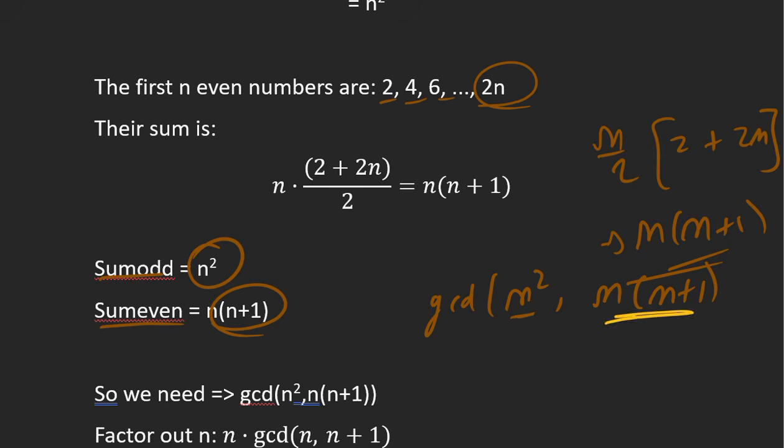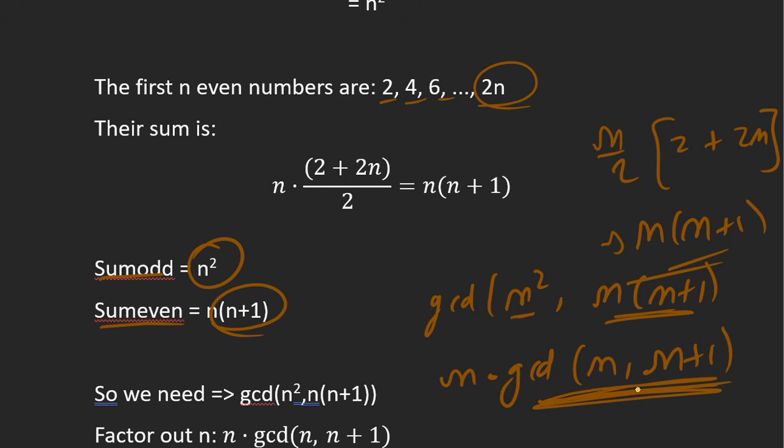So we have to find the GCD of these two terms. If we take n out as a factor, then we get n into GCD of n comma n plus 1. And as we know, two consecutive numbers are always co-prime. What is co-prime? If two numbers are co-prime, then their GCD will always be 1.